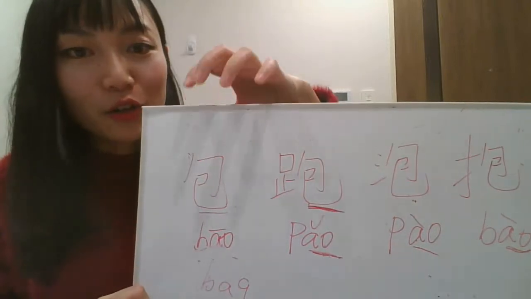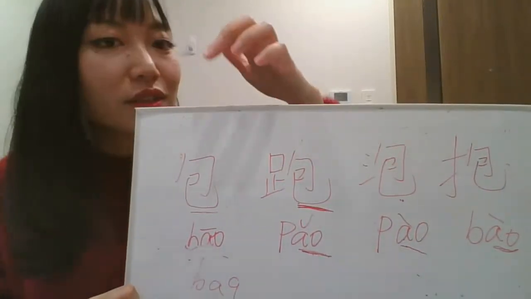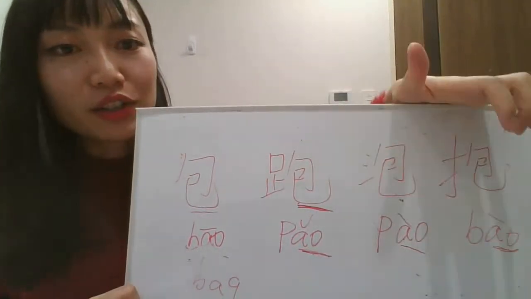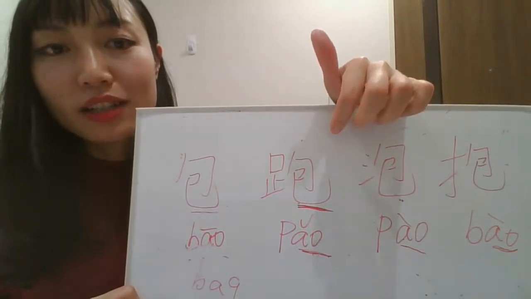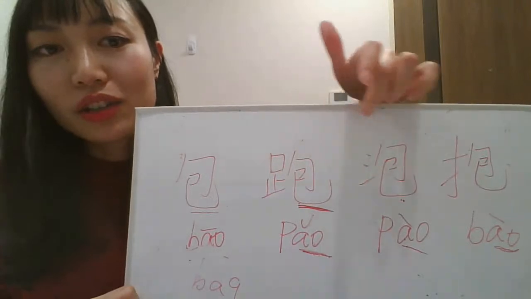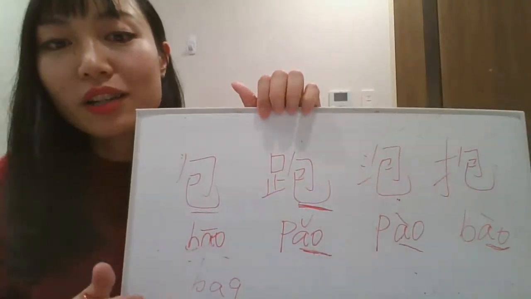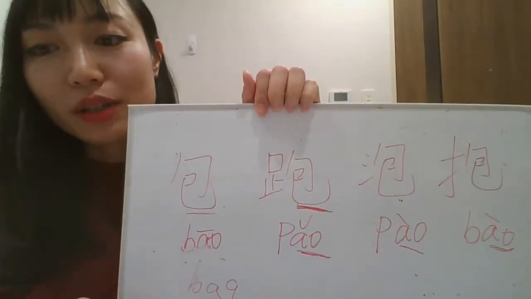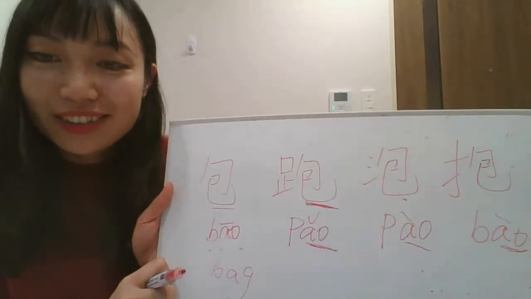And today we are going to learn the difference between the characters, and how we can learn Chinese through the characters. So basically, if the characters look similar, the pronunciation is going to be similar. 跑 means run. C'est bon.